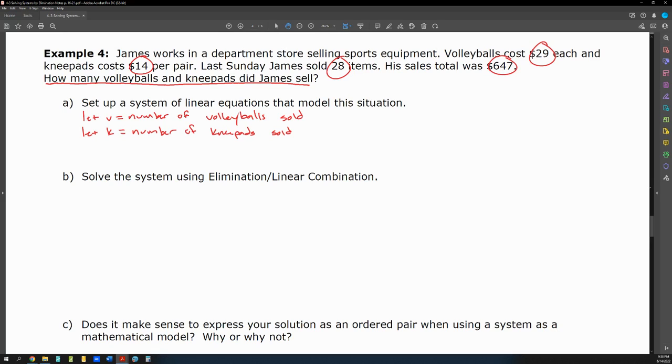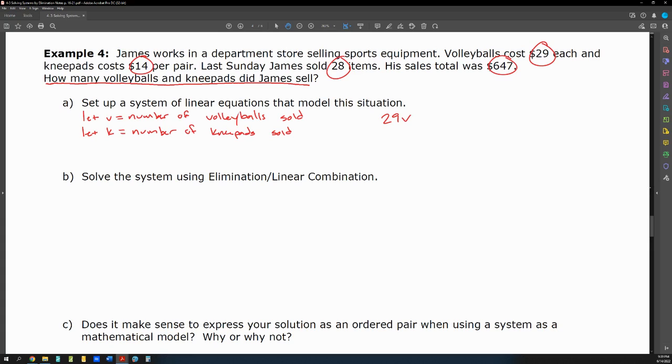To set up a system of linear equations, we can consider how many of each that they sold and then for how much they sold. Okay? So let's take a look at the total that they made in sales. So we know that volleyballs cost $29 each, so we can say that they made $29 per volleyball, so times the number of volleyballs.